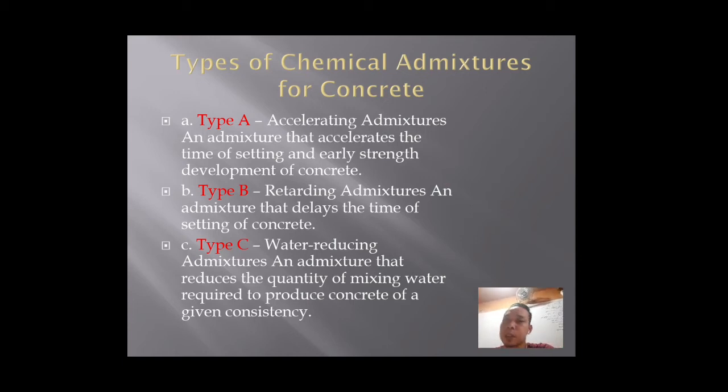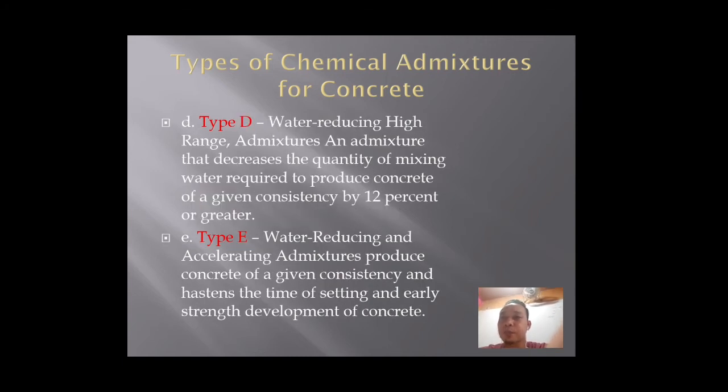In type C, water reducing admixture, an admixture that reduces the quantity of mixing water required to produce concrete of a given consistency. The next is type D, water reducing high range admixture, an admixture that reduces the quantity of mixing water required to produce concrete of a given consistency by 12% or greater.